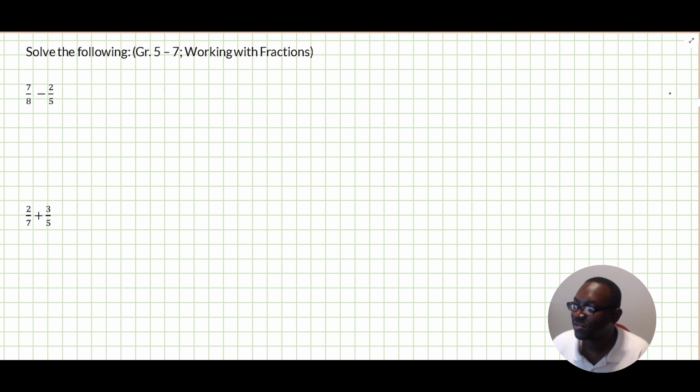Okay, so we now have some addition and subtraction of fractions. So fifth to 7th graders, this is your turn. Let's go ahead and give you some time to solve these questions. 5th graders, 6th graders, and 7th graders, it's for you.